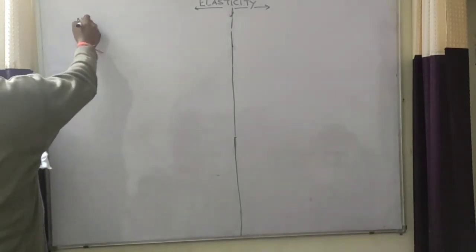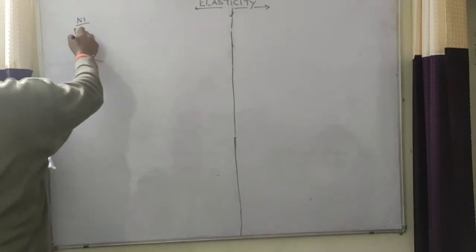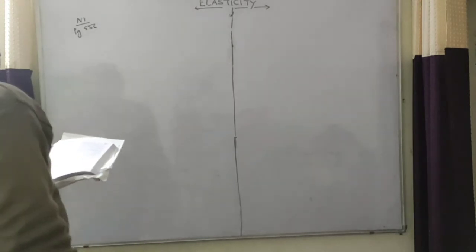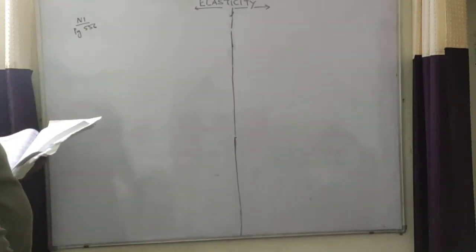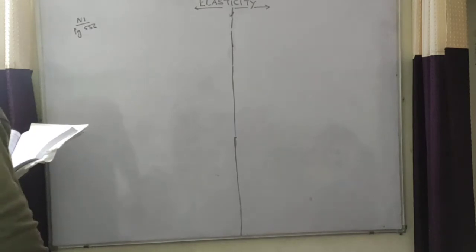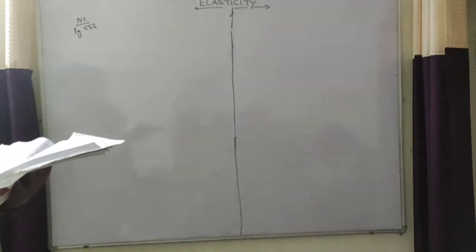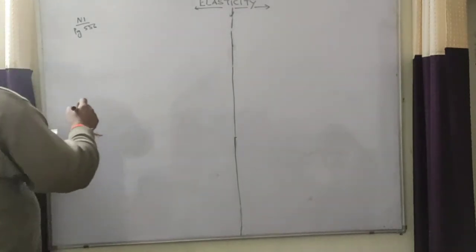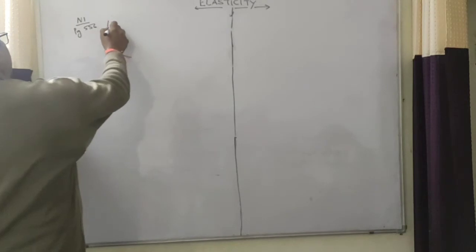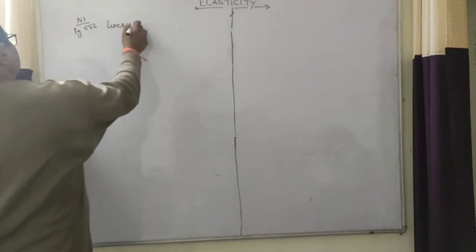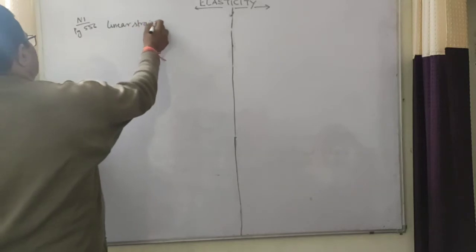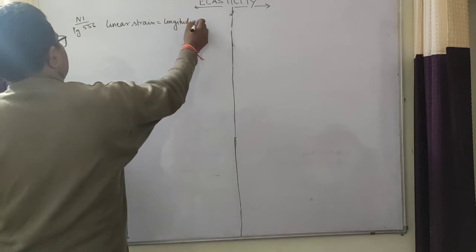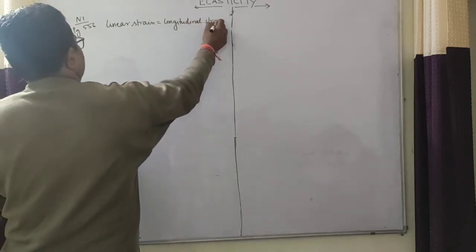So this is numerical number 1 on page 556. This is a very easy one. By producing linear strain of 2 into 10 to the power minus 4 in a wire. Linear strain means longitudinal strain.